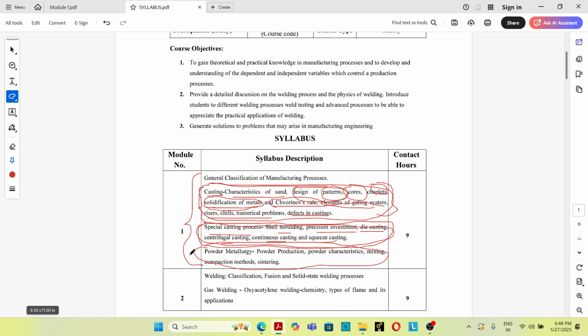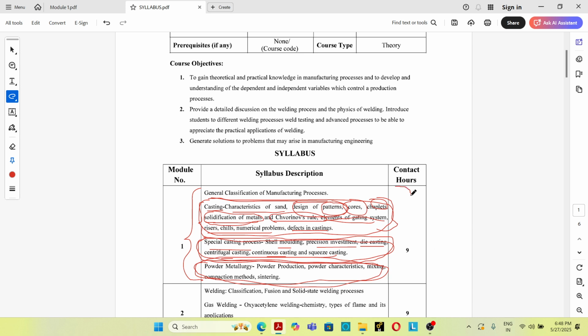This is a very small topic, almost 10% when compared to the entire topics. But there is a chance that questions will be asked in this area in the university examination. But you don't need to study deeply in powder metallurgy. You have to study only the different techniques in powder production, powder characteristic, mixing, compaction method and sintering. So these are the topics in the first module of manufacturing process.